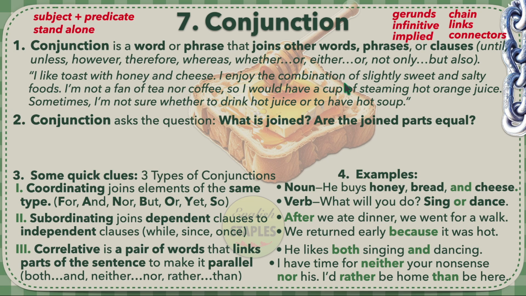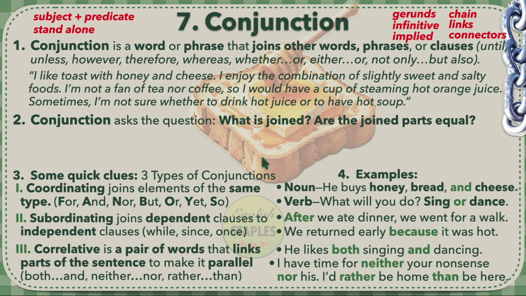I enjoy the combination of slightly sweet and salty foods. I'm not a fan of tea nor coffee, so I would have a cup of steaming hot orange juice. Sometimes I'm not sure whether to drink hot juice or to have hot soup.